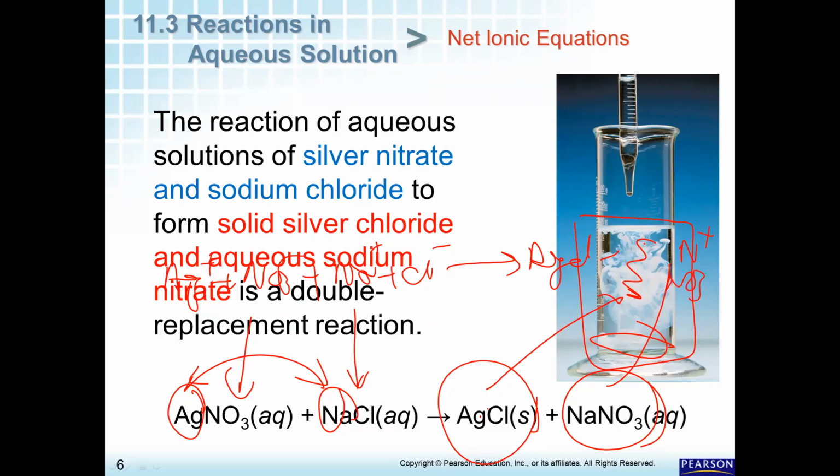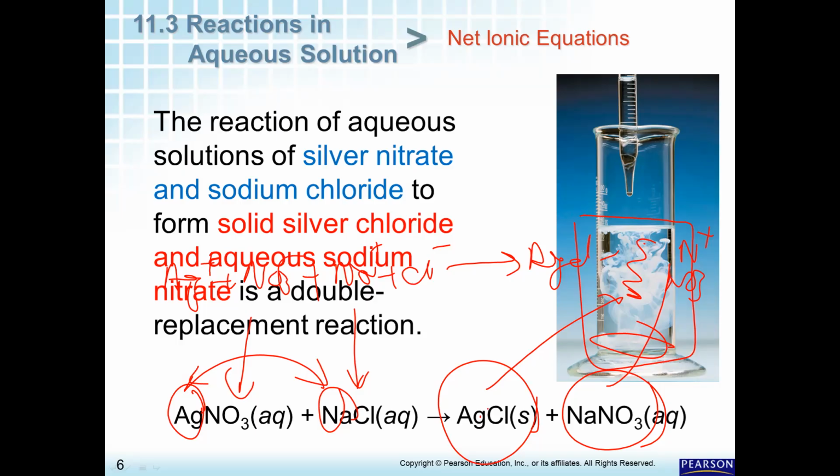So what do you notice about this one? First of all, we call this a complete ionic equation. A complete ionic equation is written by converting all the ionic compounds into ionic form. But after that, if you look at it, you will notice that some of the ions are in the reactants and in the products without any change.